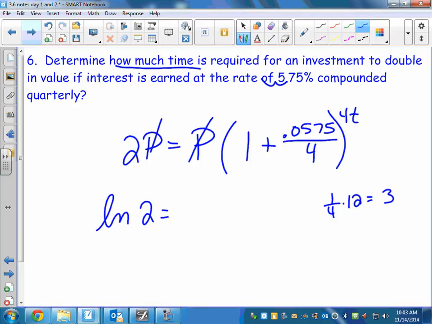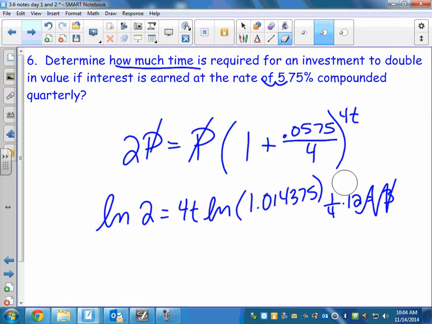Let's see if this makes sense to you. When I do these problems, I tend to not like to show a lot of work. I automatically pull that 4t down and say that that's ln of 1 plus 0.0575 divided by 4, which is 1.014375.